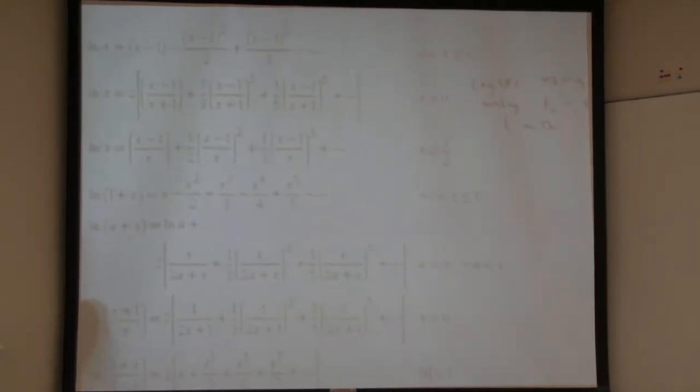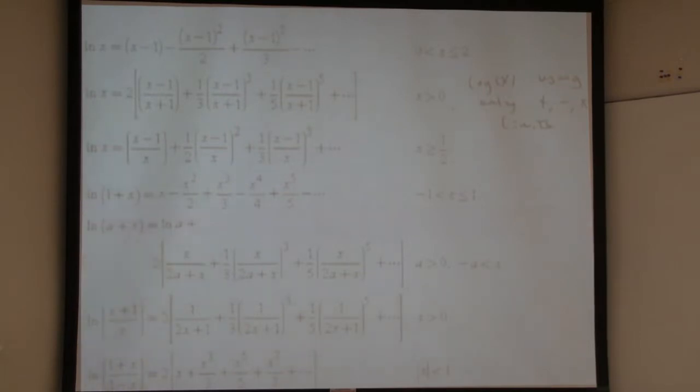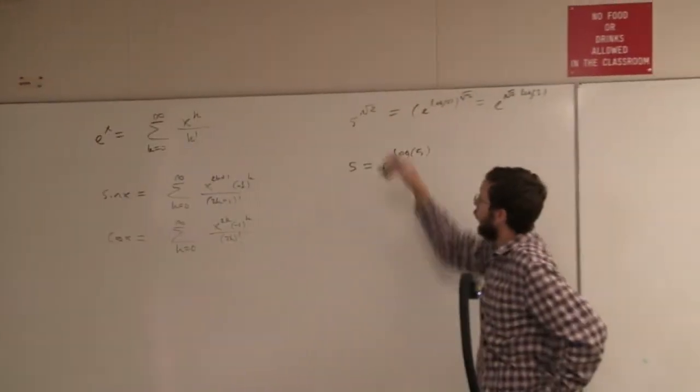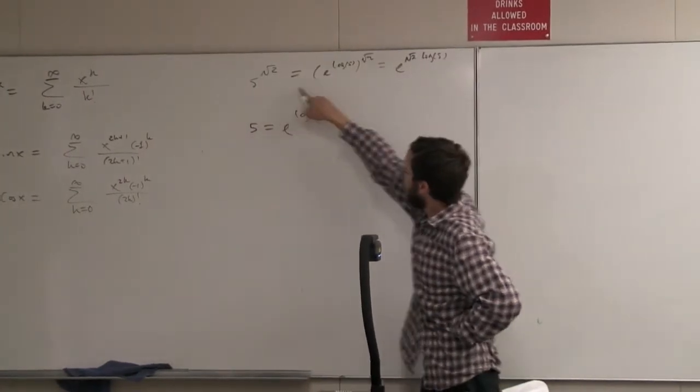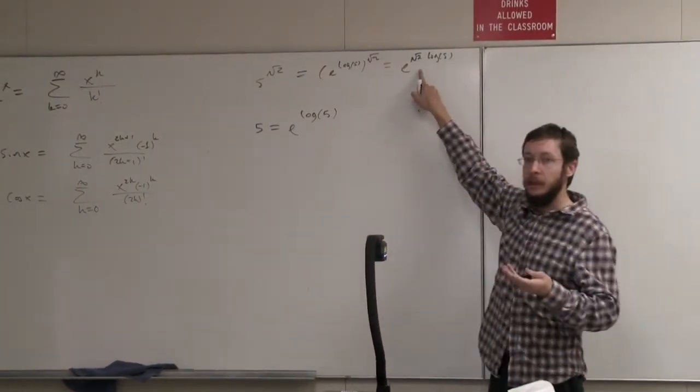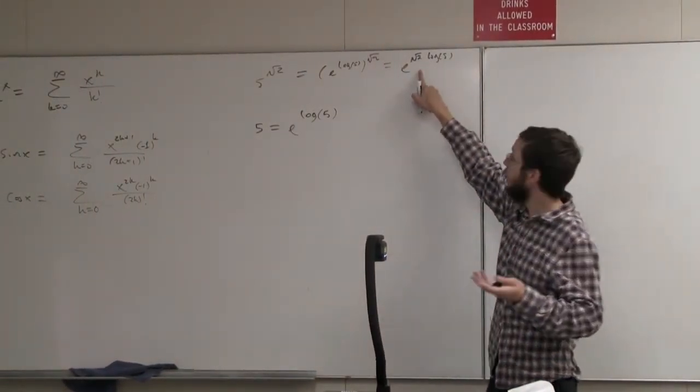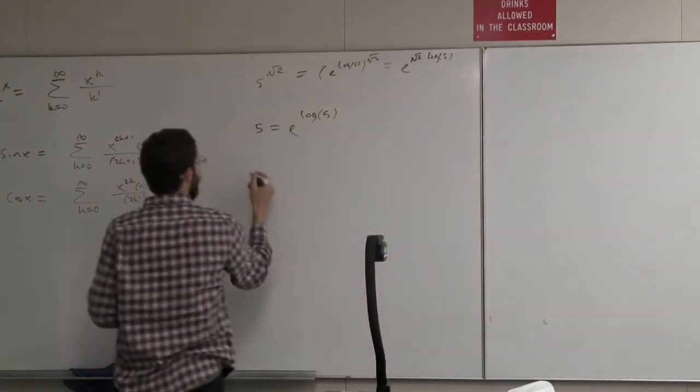So what we've got then is the next in-between step that we need to compute something like 5 to the square root of 2. Because we have this 5 to the square root of 2, it's really the same as e to the square root of 2 log of 5, right? And so, what is that equal to?